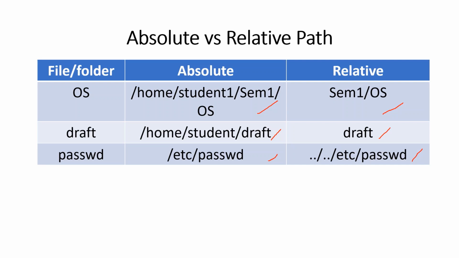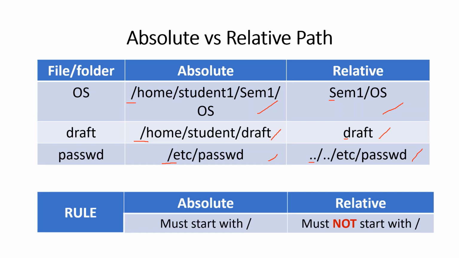You can see that absolute must start with a slash at the front because it starts from the top directory, while in relative you can go directly with the name or parent.